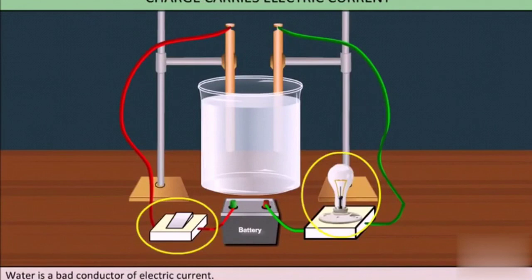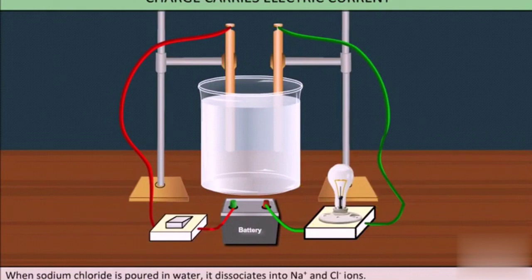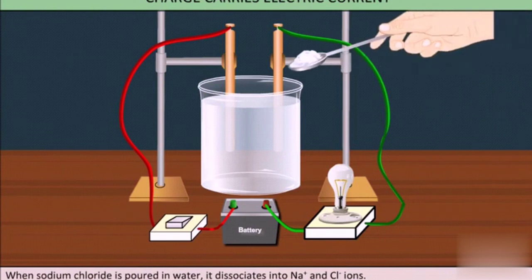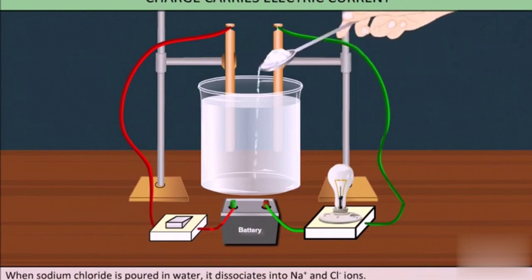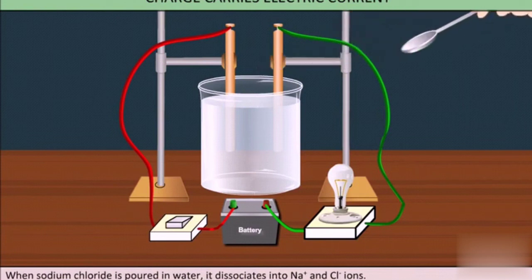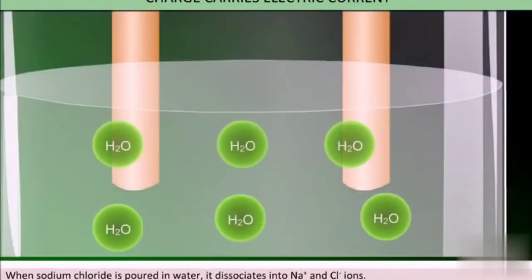Distilled water is a bad conductor of electric current. When sodium chloride is poured in distilled water, it dissociates into sodium ion, that is Na+ ion, and chloride ion, that is Cl- ions.